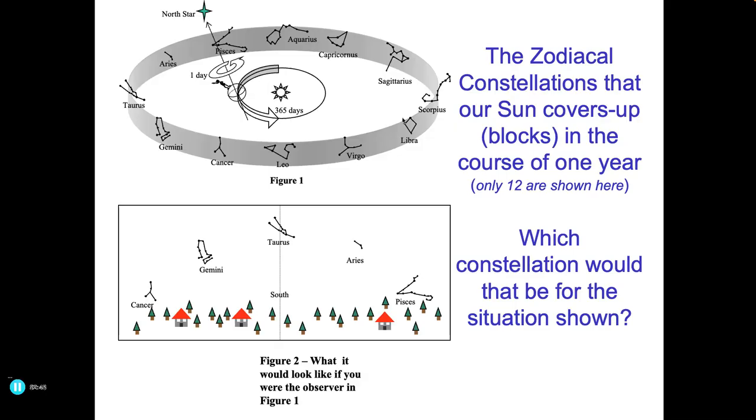Let's look here. All right. If you're standing there, right, and you're facing away from the sun, your position on Earth is opposite the sun, looking this way, then what would you see? Well, if you're looking south and Taurus is high in the sky, it must be nighttime, right?